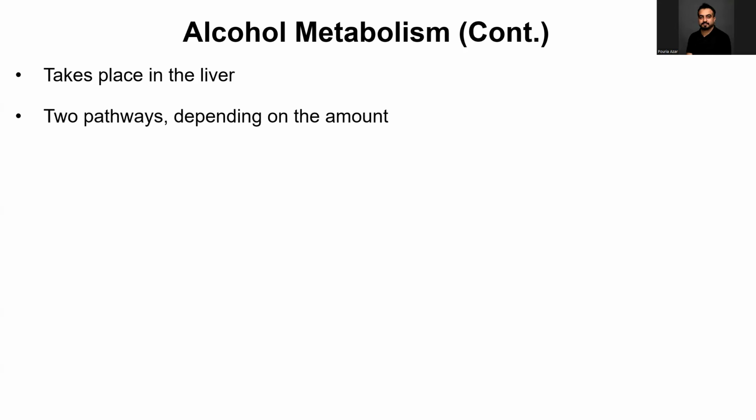Alcohol metabolism takes place in the liver. Other tissues are not capable of using or metabolizing alcohol. Only the liver can metabolize alcohol. And there are two pathways for alcohol metabolism, which depend on the amount of alcohol consumption.